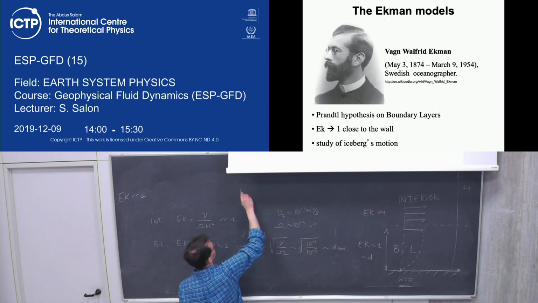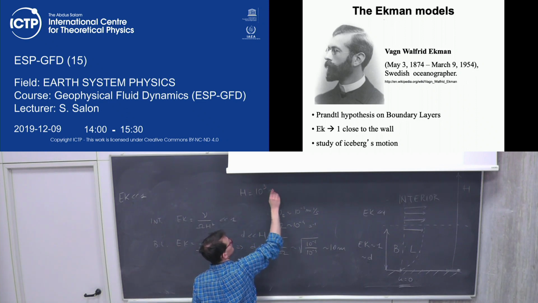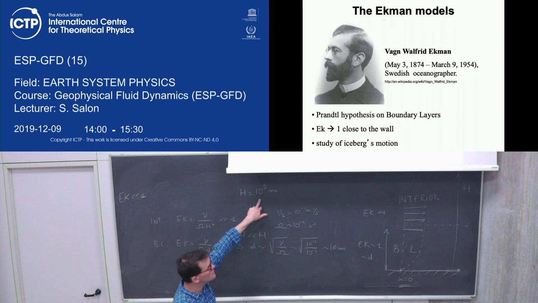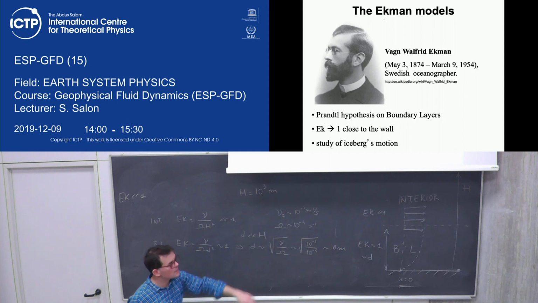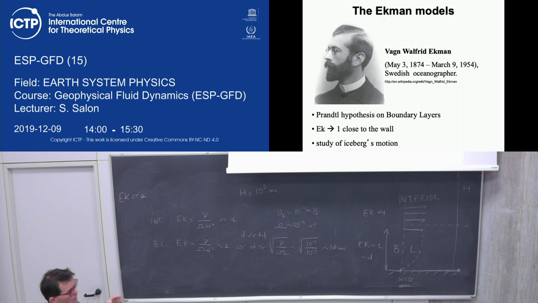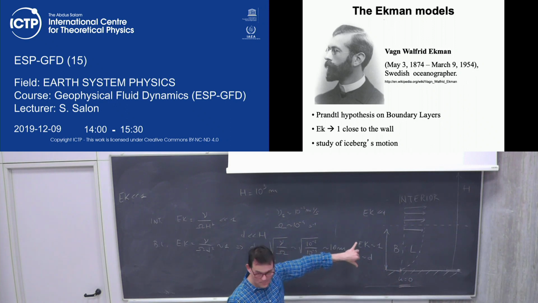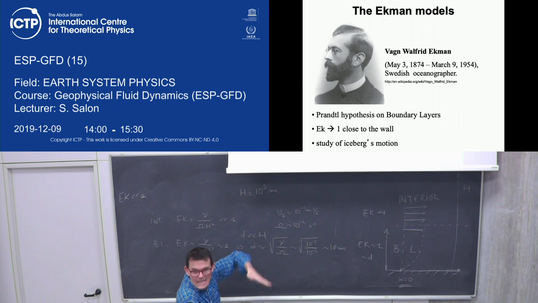And if you remember, we had before h, 10 to the 3 meters, so 1 kilometer, okay? So d is actually much smaller than h. So over a basin, which can be an ocean basin, or also in the atmosphere, the layer where the flow feels the presence of the solid boundary has a depth which is much smaller than the entire height where the flow is moving.